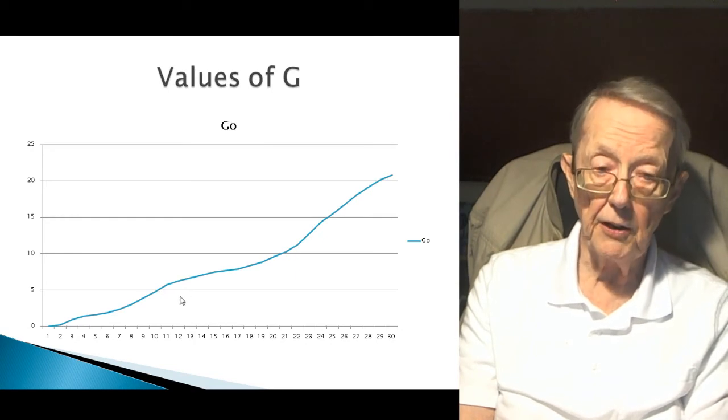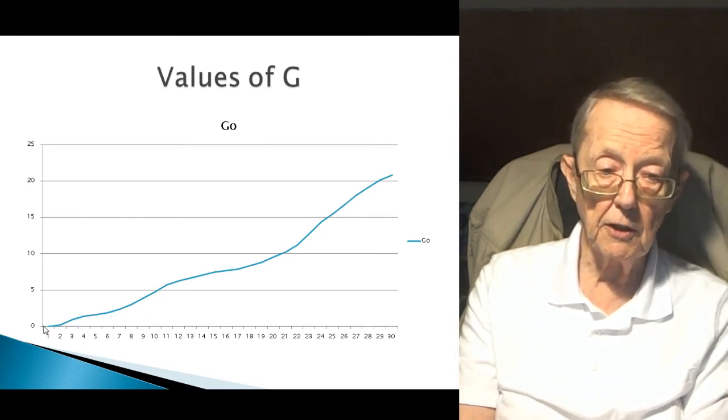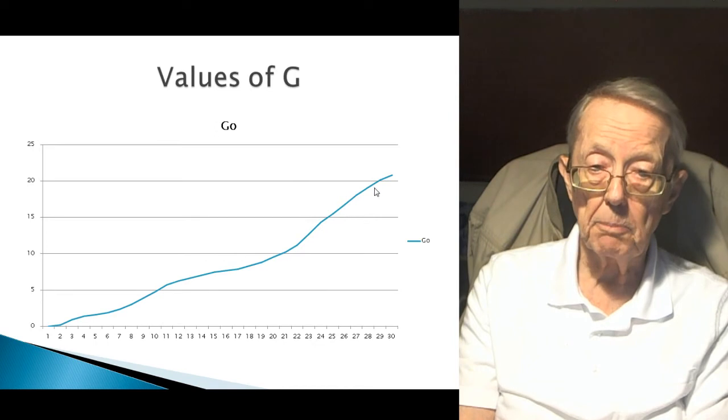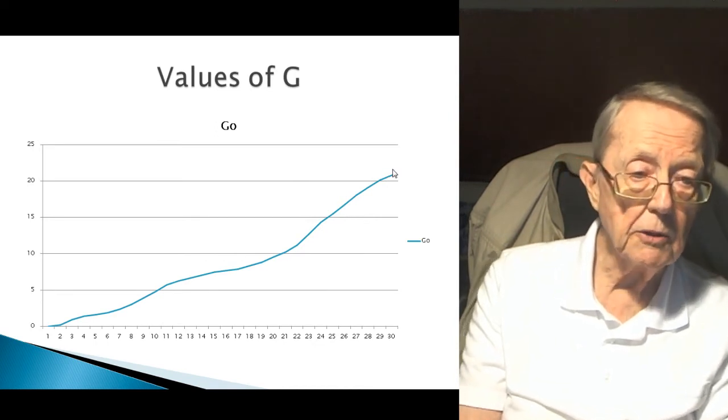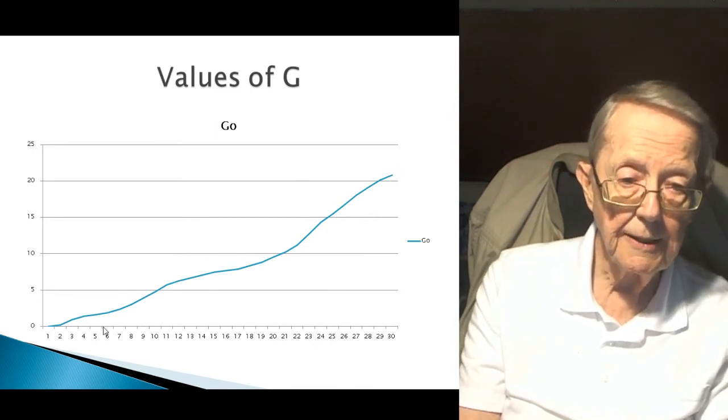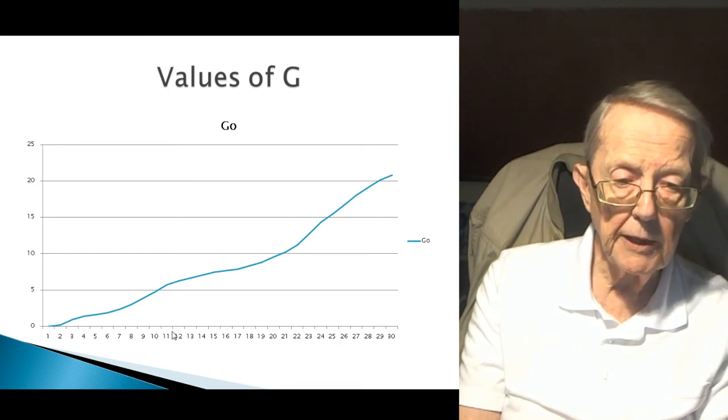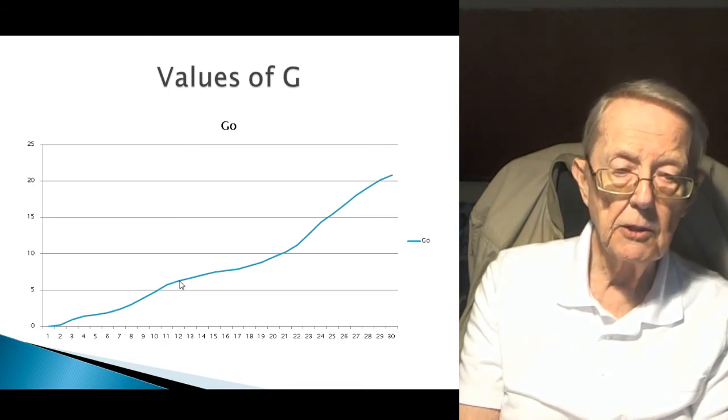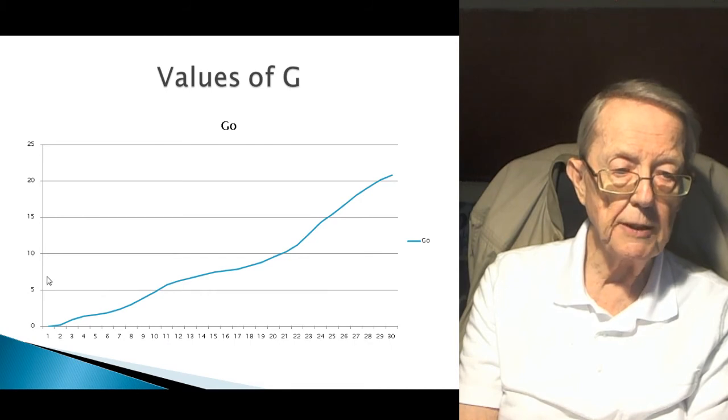And that's the value I get. I get a value of 0 at the core, and it goes up to very high, almost over 20. Data point 12 is where our solar system is, and that's 6.67.